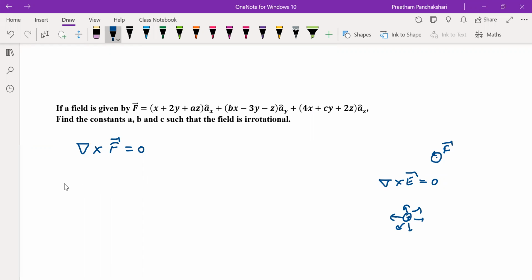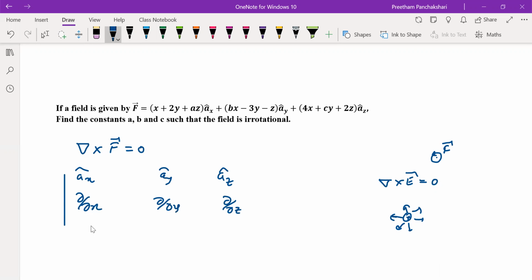The cross product is generally solved by the determinant method. This is the rectangular coordinate system. Row 1 contains AX, AY, AZ. Row 2 contains partial derivatives.